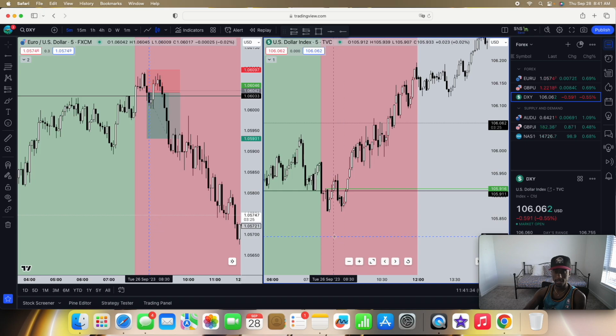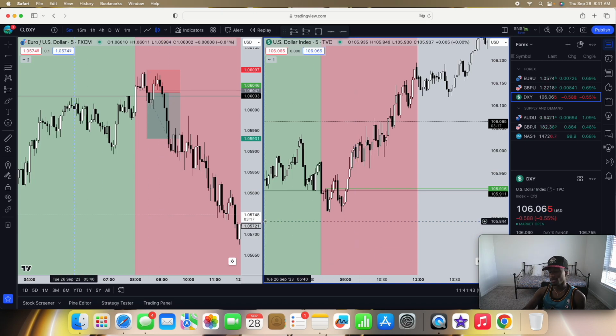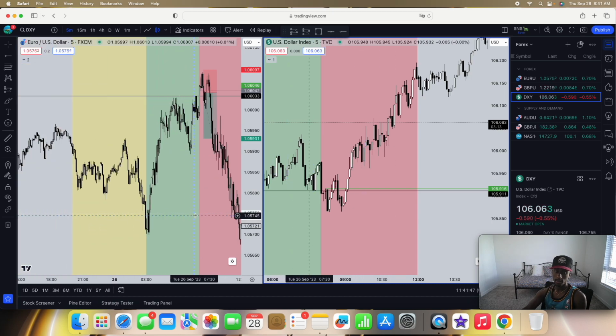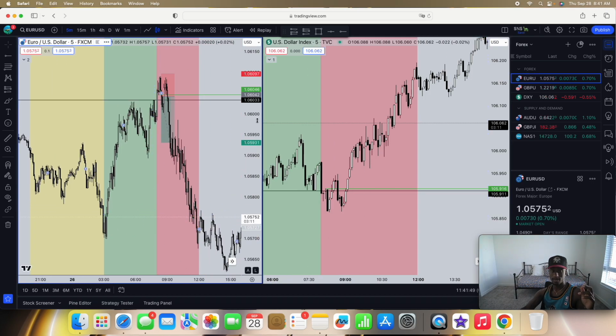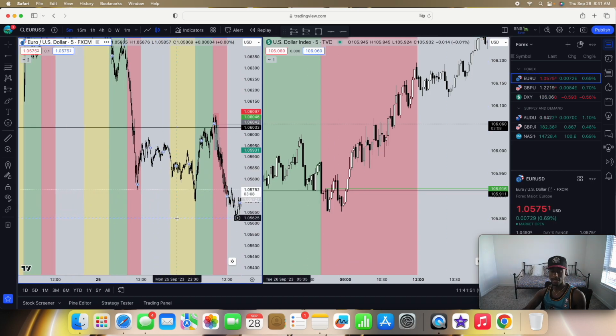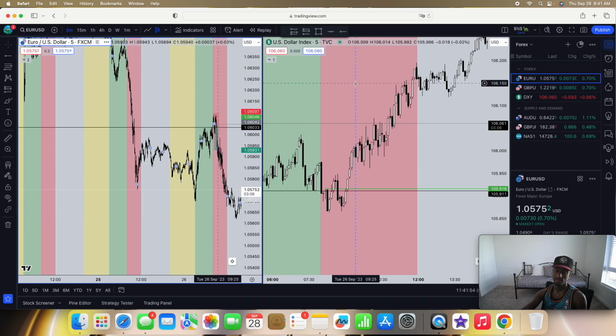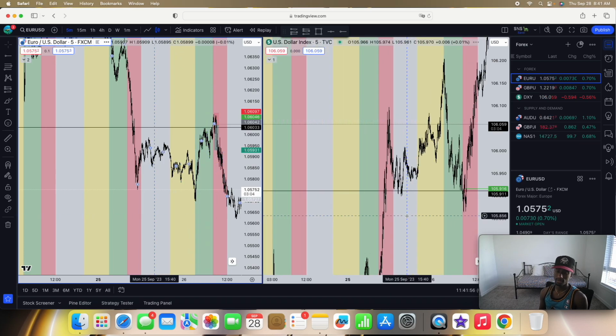The DXY and EU and GU mirrored each other but opposite. So again, when the Dixie goes up, EU and GU go down, and this is the A plus setup because, look at that, EU's in the downtrend, the Dixie's in the uptrend.